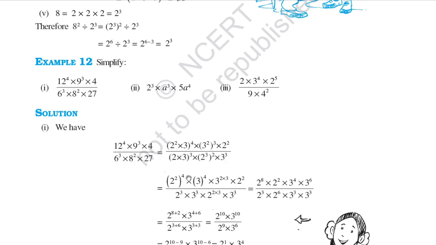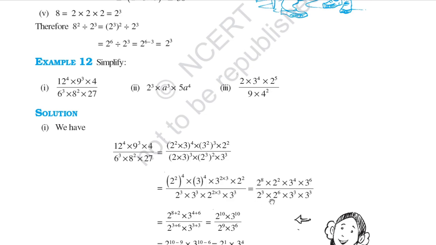Similarly, these things also get their own powers: 2 to the power 3, 3 to the power 3, and here this will get added, so 2 to the power 6 into 3 to the power 3. And then it is further simplified, this will get multiplied. So this becomes 2 to the power 8, 3 to the power 4, and 3 to the power 6. Here also you can see.